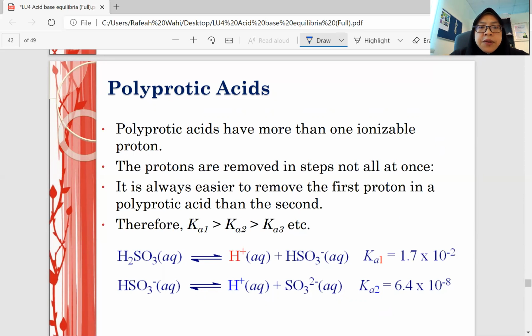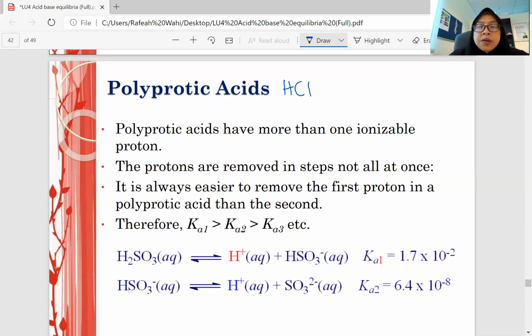For example, HCl is called a monoprotic acid because it only has one ionizable proton. What about H2SO4? This is a polyprotic acid, or we call it a diprotic acid, because di means two: there are two ionizable protons.